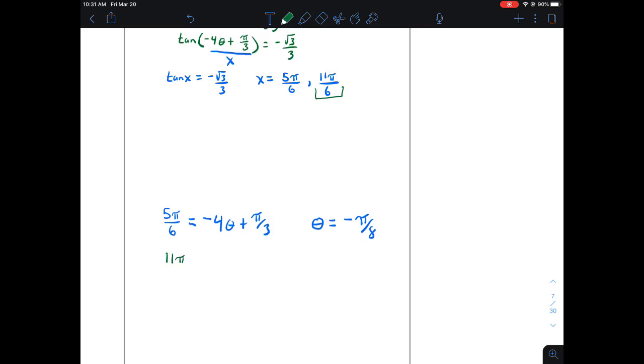So right up here, I'm going to say, all right, well, let's try 11 pi over 6. Set that equal to negative 4 theta plus pi over 3. And then I'm going to resolve. So I'd subtract the pi over 3 to the left, and then divide by negative 4, and we get theta to equal negative 3 pi over 8.